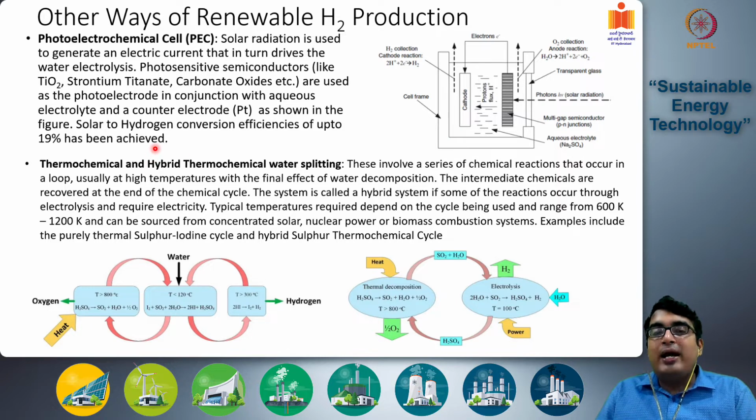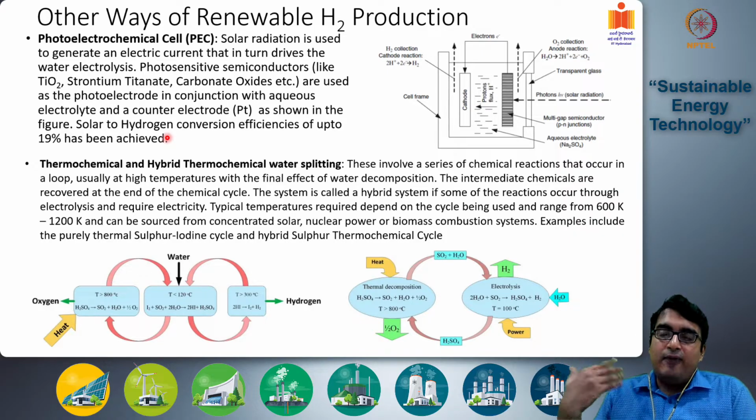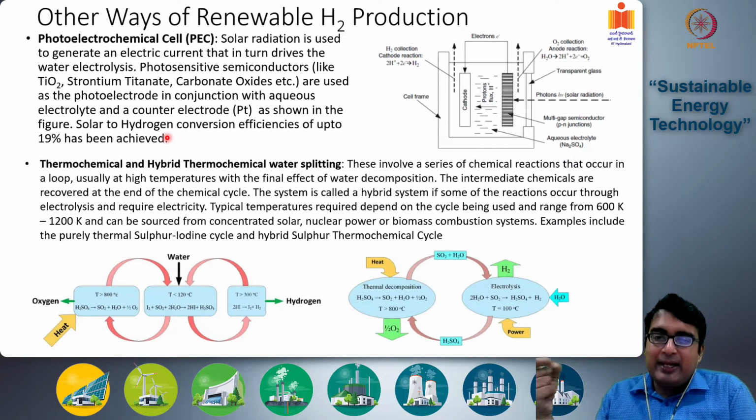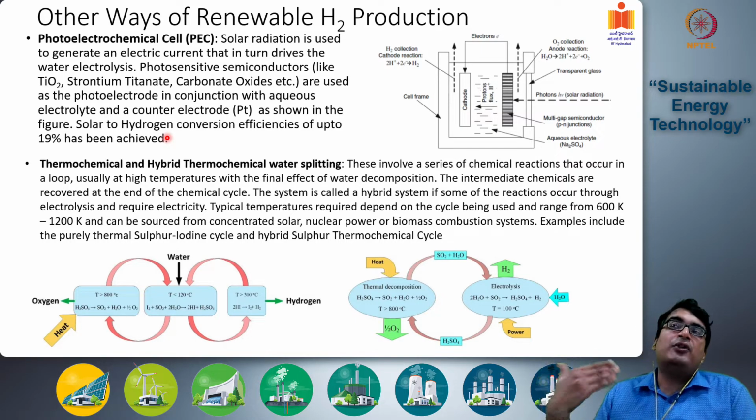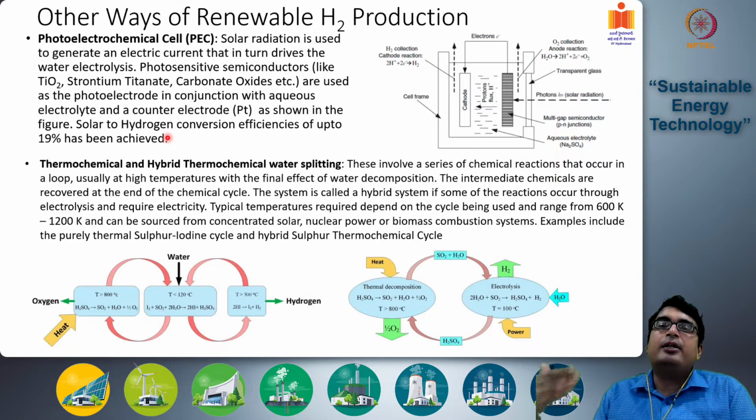Solar to hydrogen conversion efficiencies of up to 19% have been achieved using photoelectrochemical cells. When we say conversion efficiency, we mean what fraction of the solar energy has been converted into the chemical energy of the hydrogen being generated, or what fraction of the solar energy can be used to split water into hydrogen.